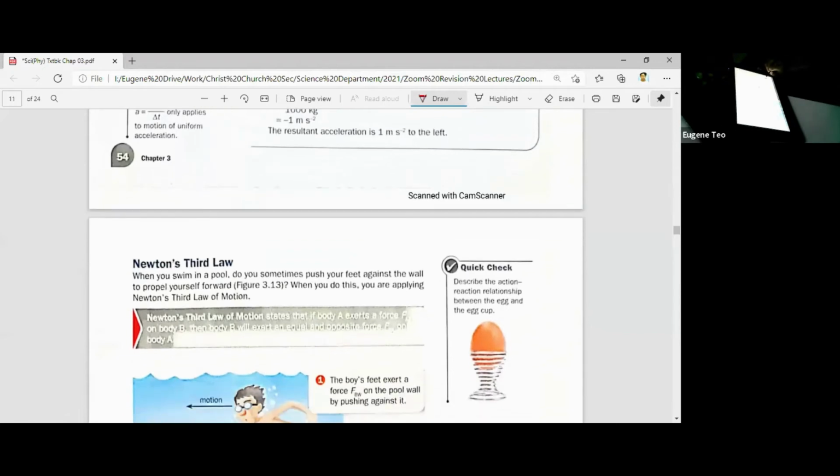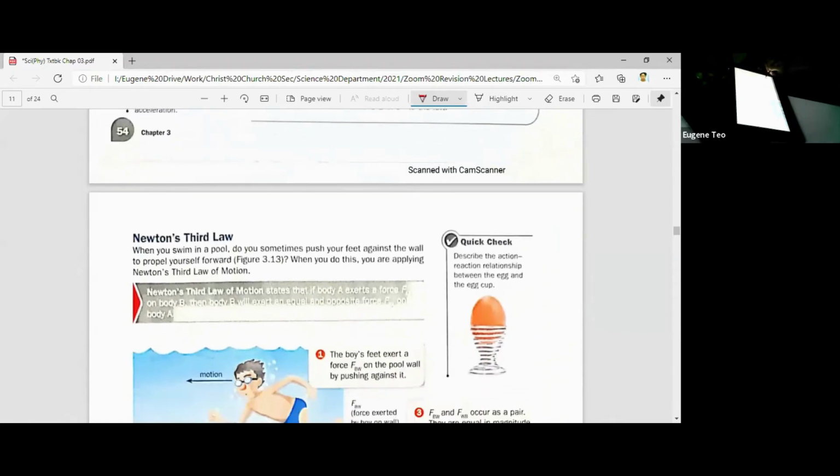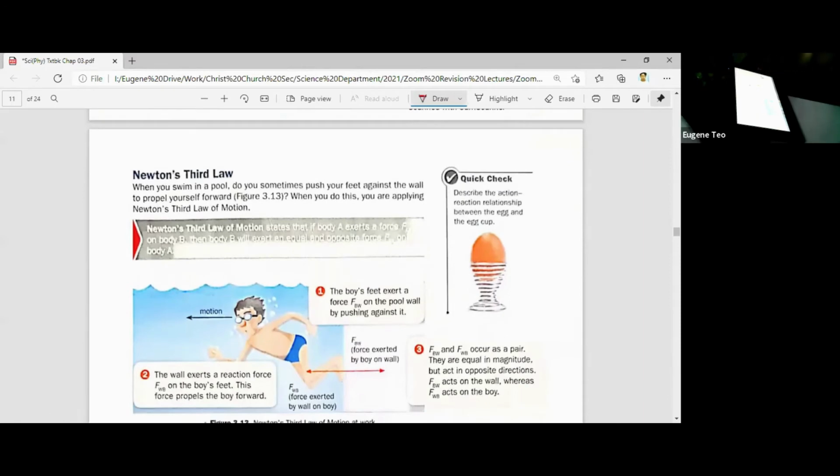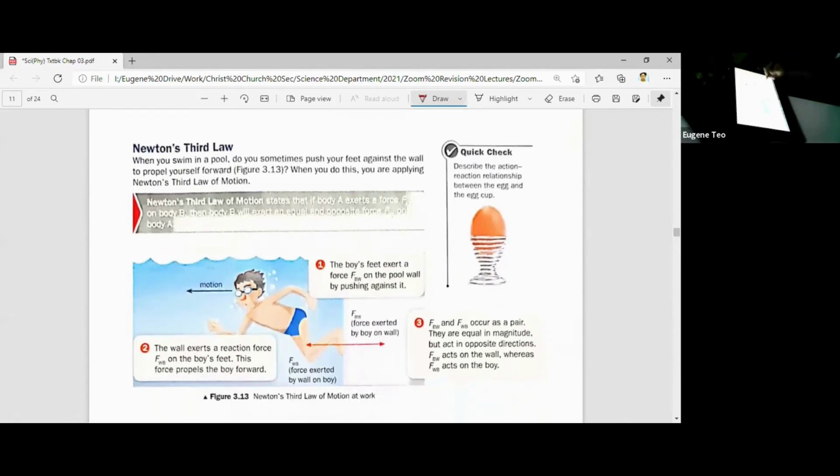I think what I really want to go through a bit more is Newton's third law. Newton's third law is a very interesting one that we seldom talk about, we seldom actually apply it in our questions. But this is still quite an important concept.